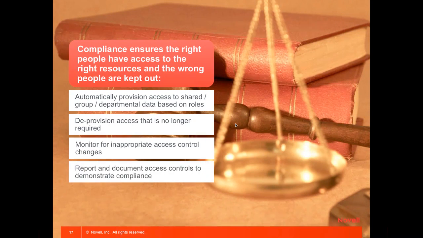So we're automatically providing those shares, making the compliance easy to spot. By the way, we keep records of this, so you can also show the records of how this is done. We remove access for people that don't require the access, and we can report and document on these access controls.